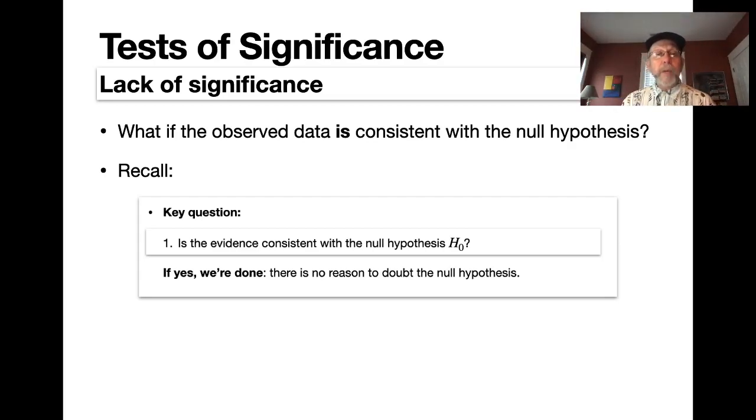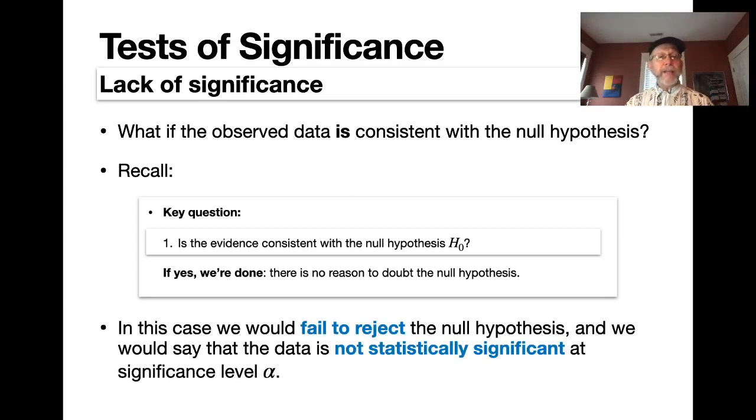We don't have any reason to disbelieve the null hypothesis. It's totally consistent with the data. In this case, we would fail to reject the null hypothesis, and we would say that the data is not statistically significant at the significance level alpha.